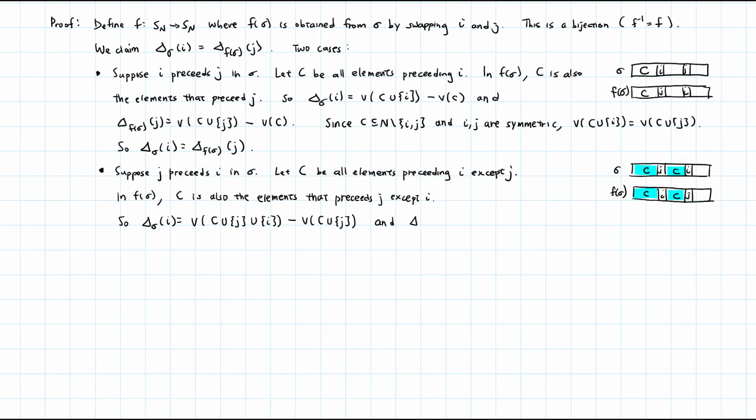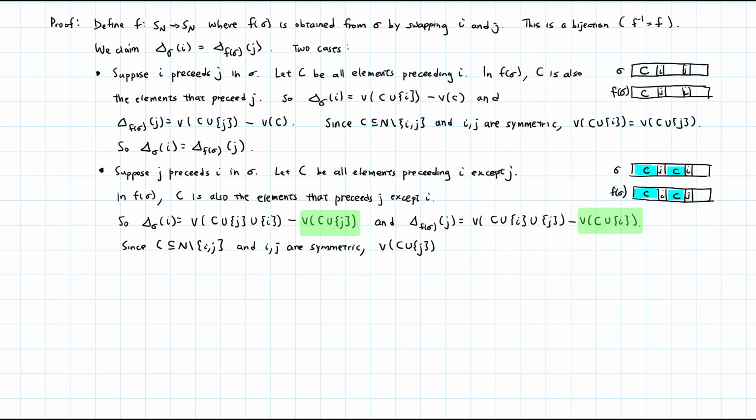And the marginal contribution of j in f of sigma is V of C union i union j minus V of C union i. Once again, since C does not contain i nor j, and i and j are symmetric, V of C union j is equal to V of C union i. So the two marginal contributions are equal again.